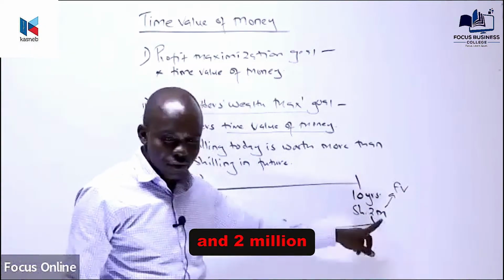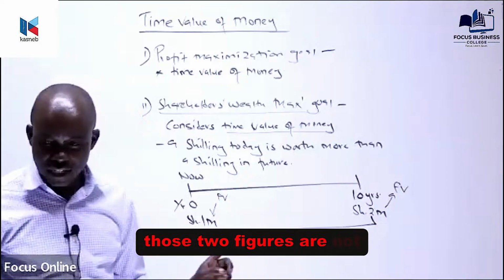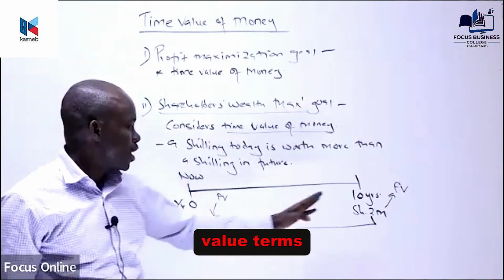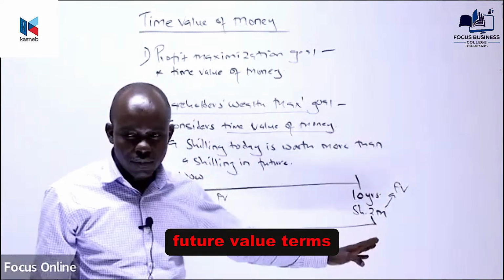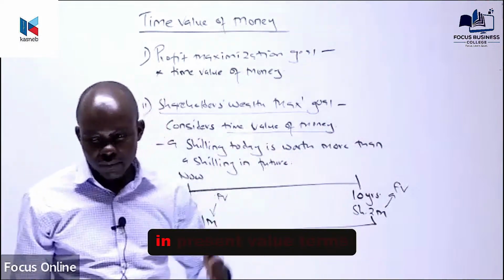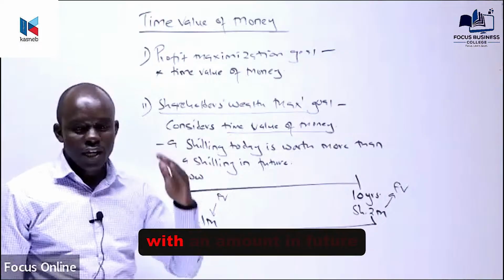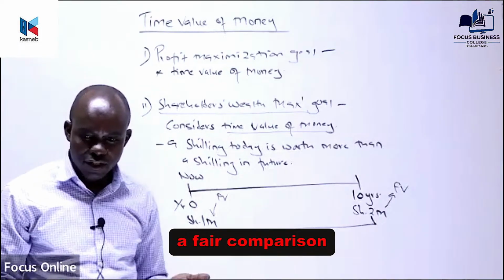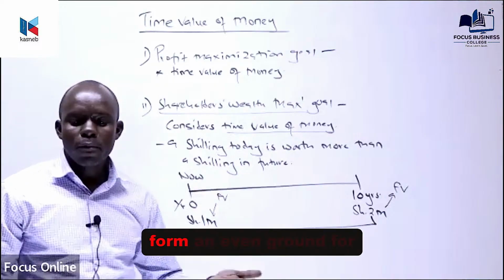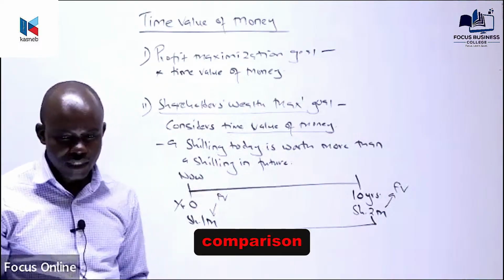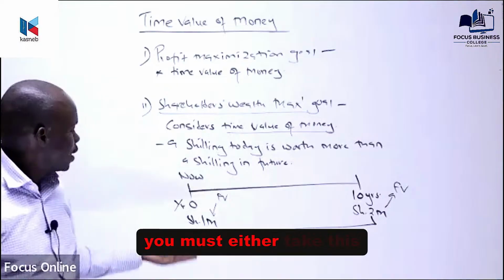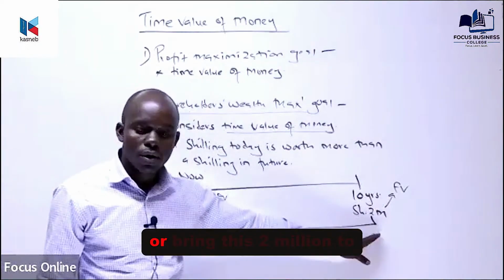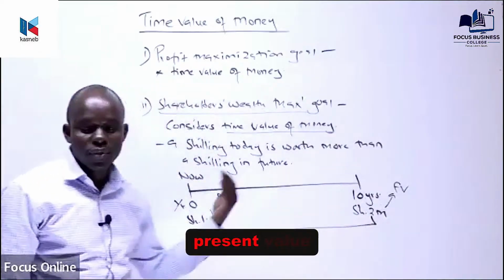Are we together? You cannot compare 1 million and 2 million. Those two figures are not comparable because one is in present value terms, the other one is in future value terms. If you want to have a fair comparison, you must either take this 1 million to future value or bring this 2 million to present value.